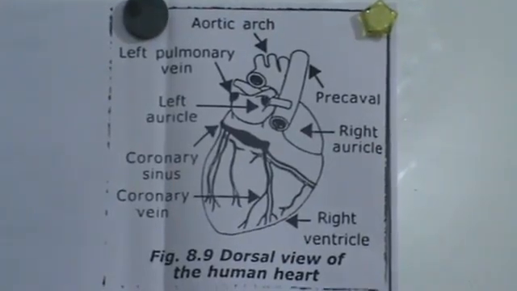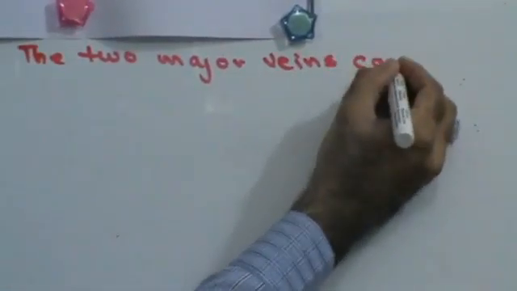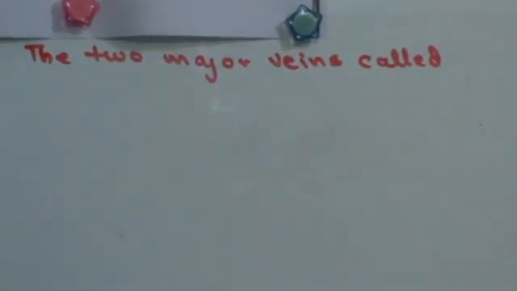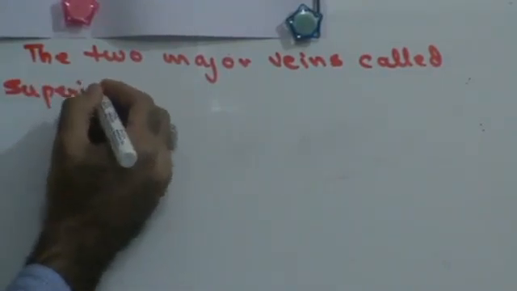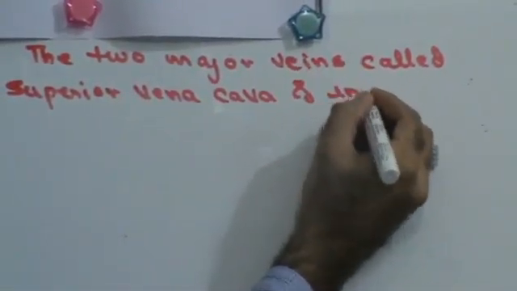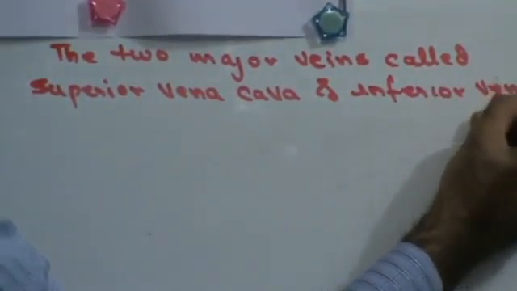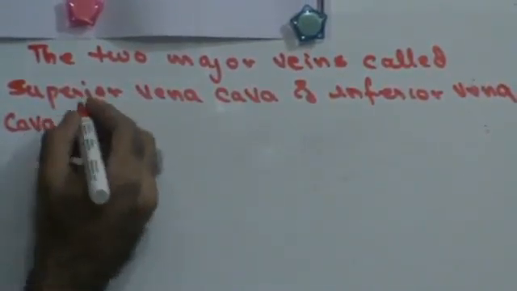Fine, let's write this down, guys. The two major veins called superior vena cava and inferior vena cava open into the right auricle dorsally.